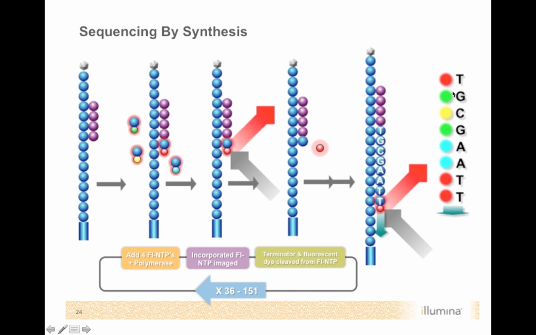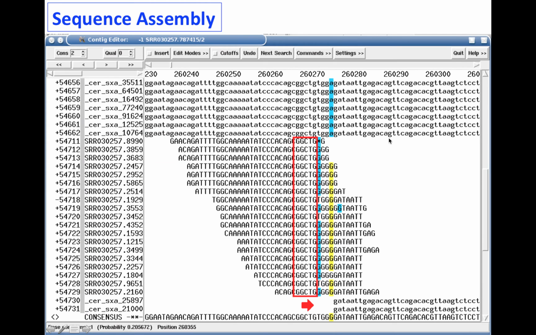So what you end up with is a sequence of nucleotides based on that process. Once you get all those nucleotide sequences, then you have to do some matching up. These are short reads, but when you have so many different fragments and they're all overlapping, you can then assemble one long sequence just like this, looking for regions that overlap.